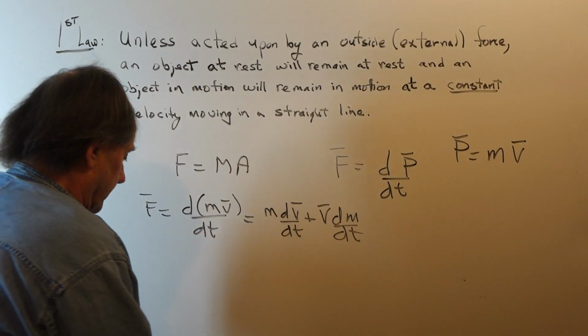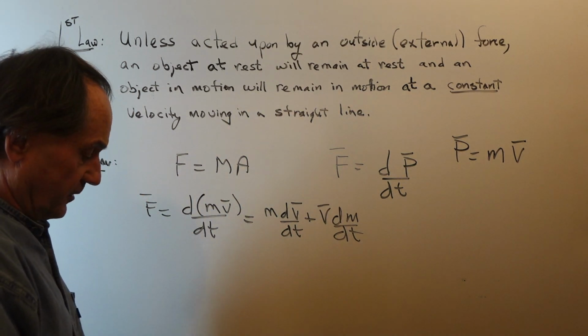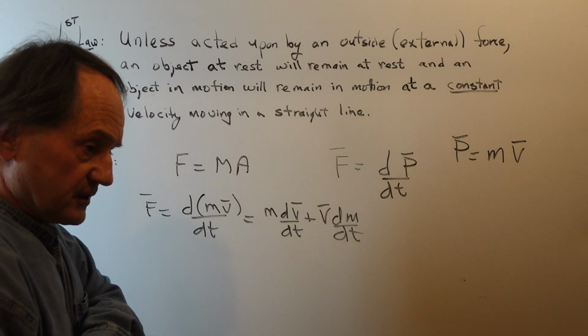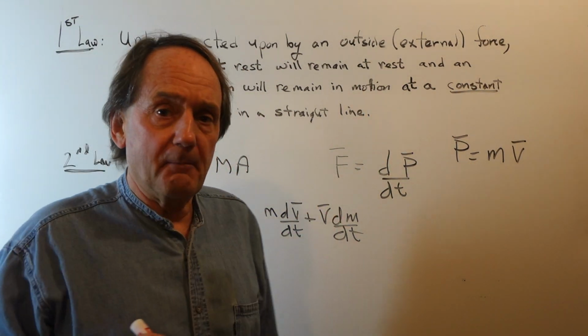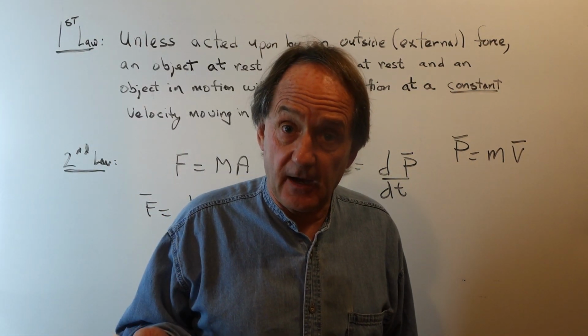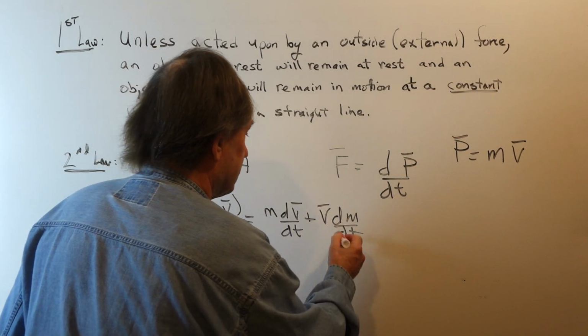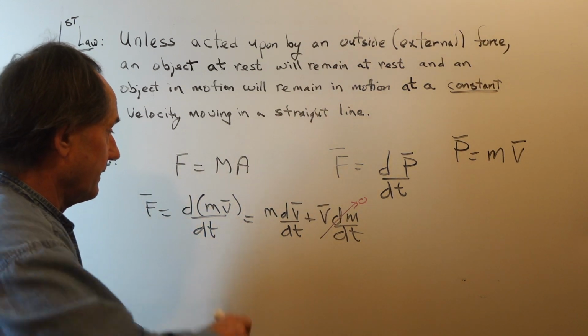Now, in treatment of Newtonian mechanics, most of the situations that we encounter never have the mass of an object changing with time. So the change of mass with respect to time goes to zero. So this part of the equation drops out.